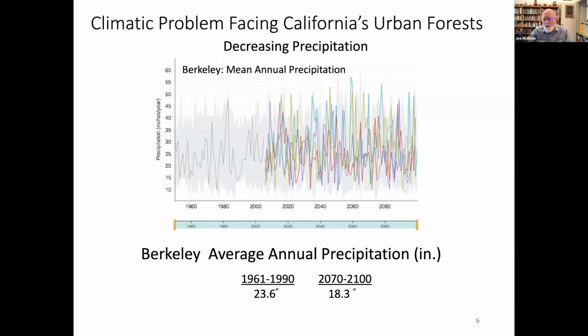In addition to these changes in temperature, studies of climate change have indicated that for a large portion of California, we will see a decrease in annual precipitation. And in Berkeley, California, that will amount to about 5 inches of annual precipitation from 2070, compared to the 1961-1990 averages. And this prediction is for the period between 2070 and 2100.